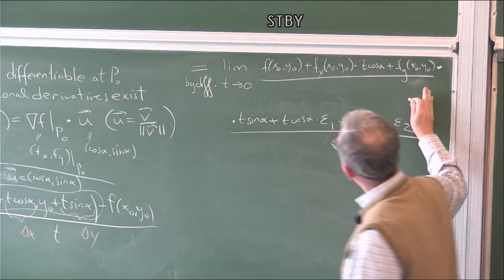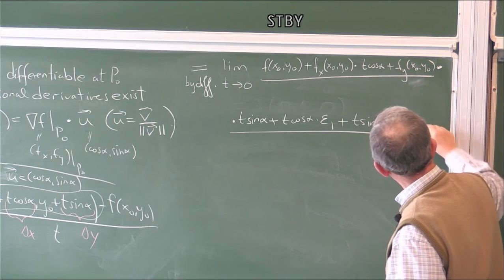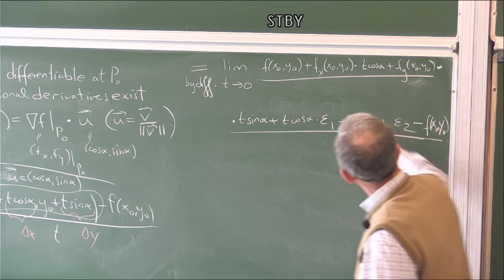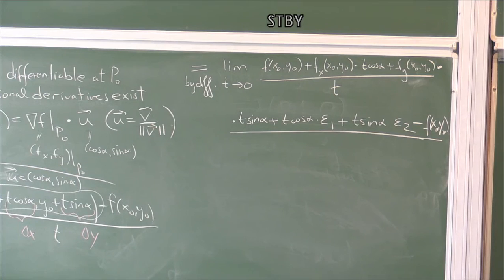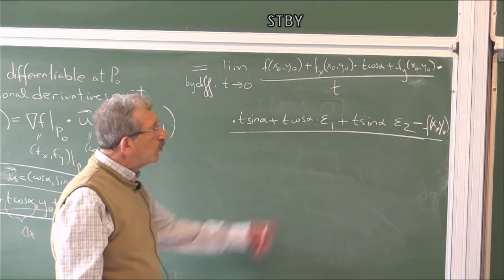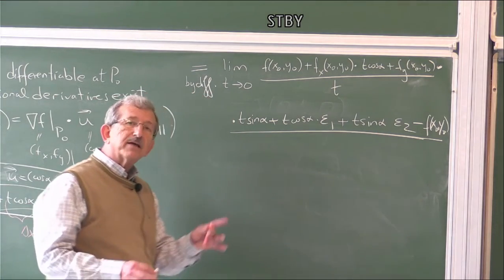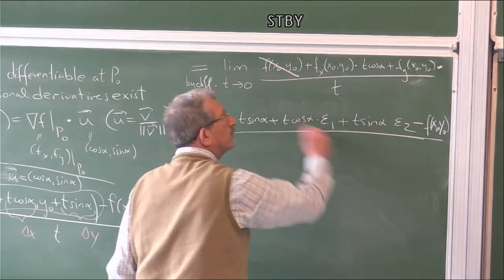Now this is f of x, y. I have minus f of x0, y0 divided by t. So this is the directional derivative expression. Now here, note that epsilon 1 and epsilon 2 are functions which go to 0 if delta x and delta y go to 0. Of course, these terms cancel out.